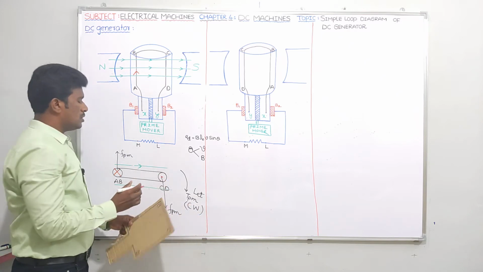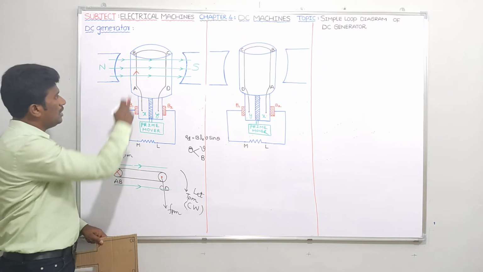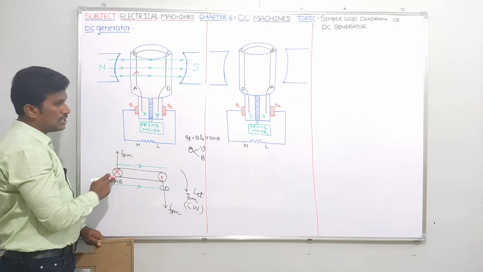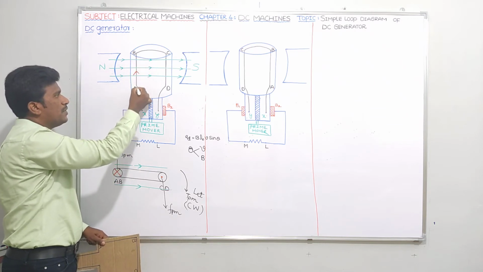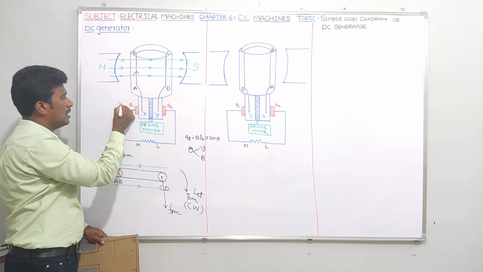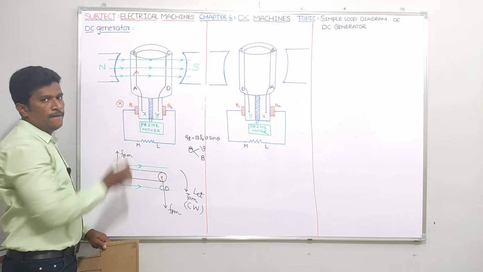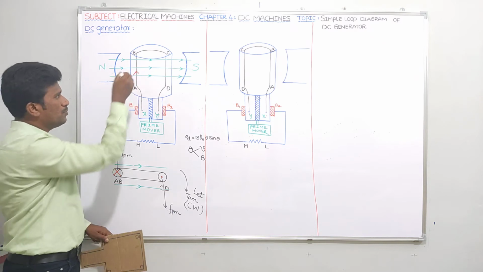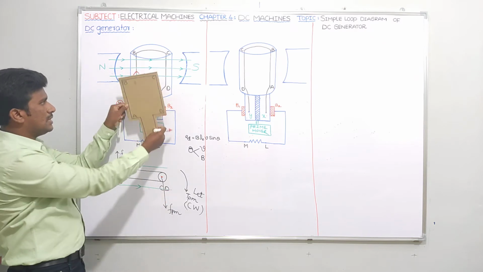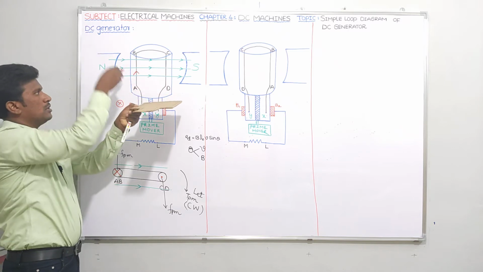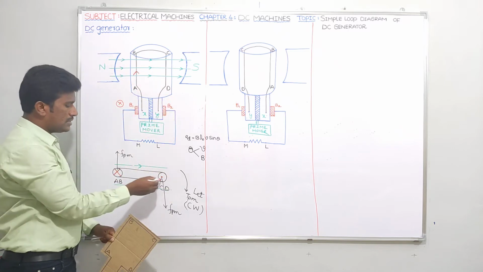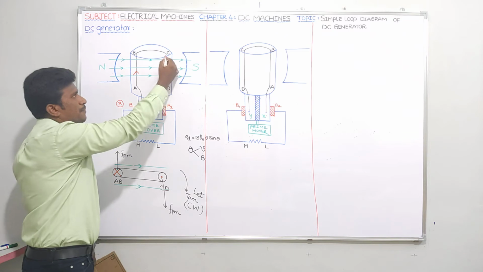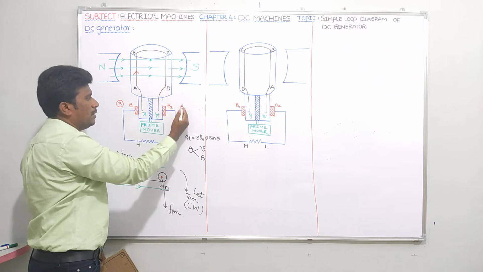Very good. So previously in AB you said cross. No, what is the brush corresponding to AB conductor? B1. Let me show cross here. That cross is nothing but this arrow mark because it is entering into the board. If I place it like this, it is entering into the board, this arrow mark. And what about CD? You are getting dot. What is the brush corresponding to CD conductor? B2.